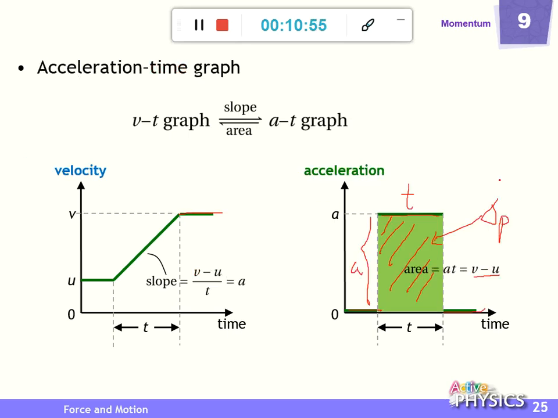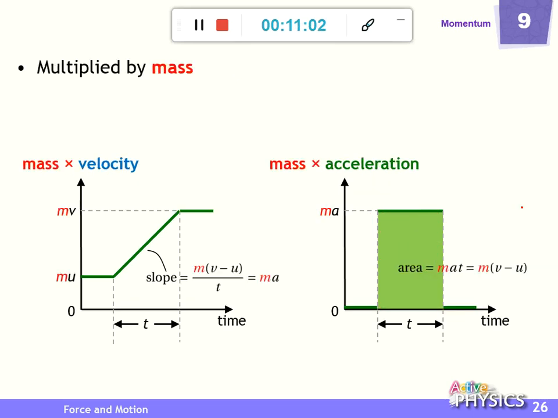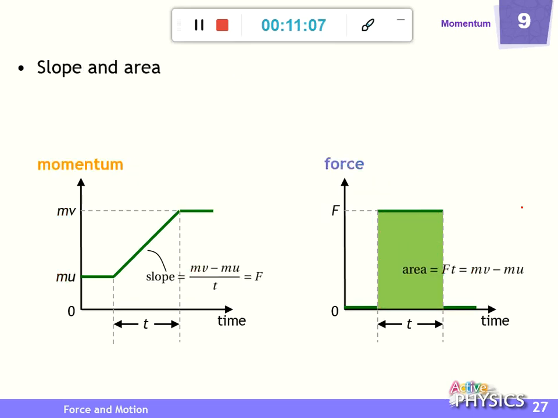This one is not delta P, it is only delta v, the change in velocity. But if we multiply by m, it should be delta P. The area will be delta P.